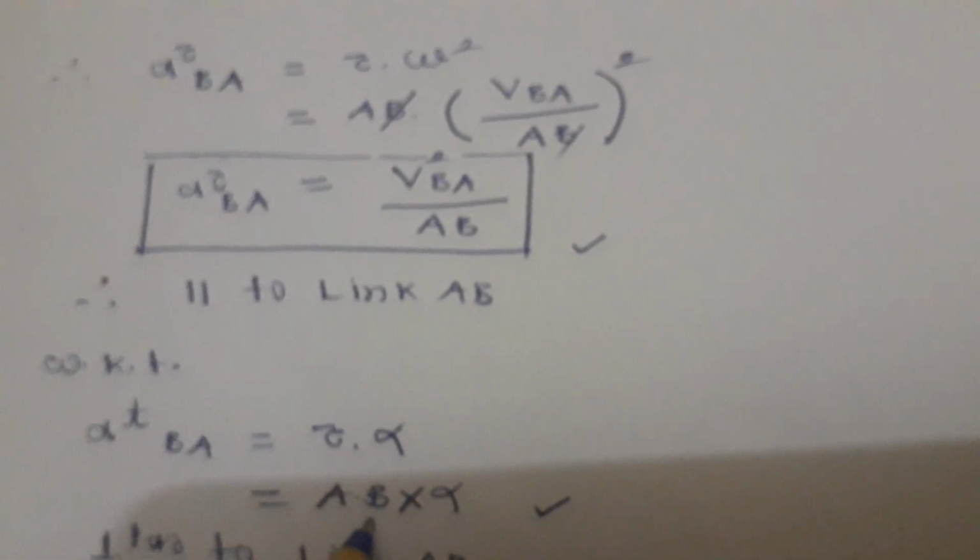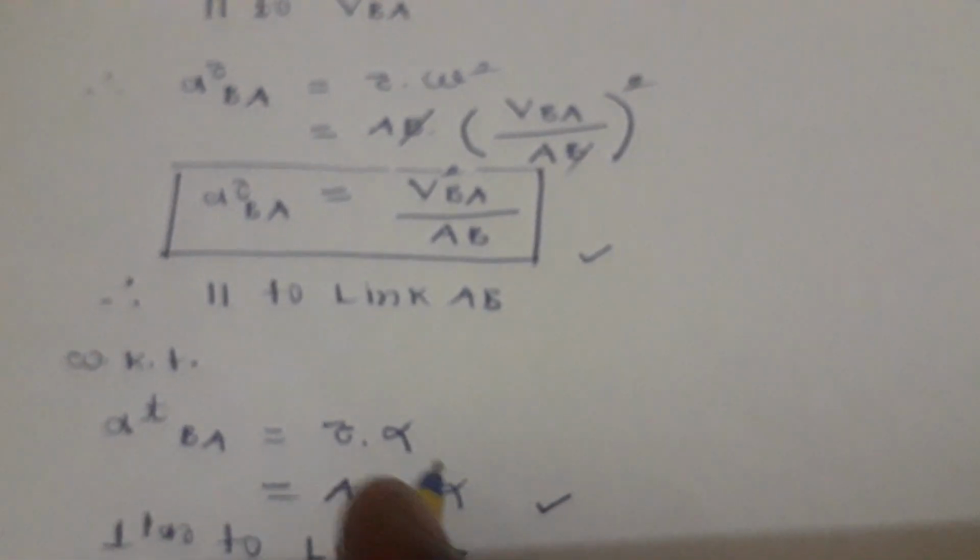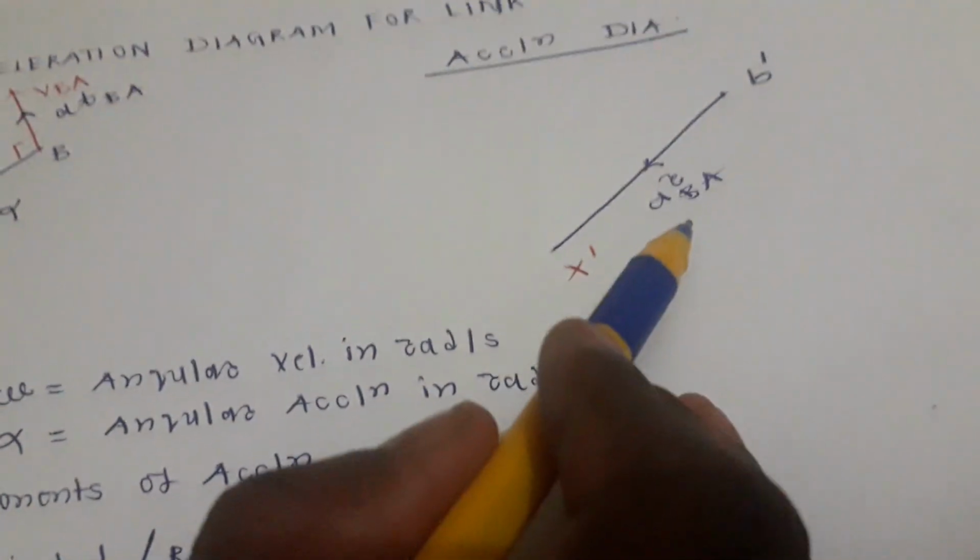Now the next component, that is the tangential component of acceleration of B with A. By this I will get the magnitude. This will be perpendicular to the radial component. We can see the radial component and the tangential component are at 90 degrees to each other.